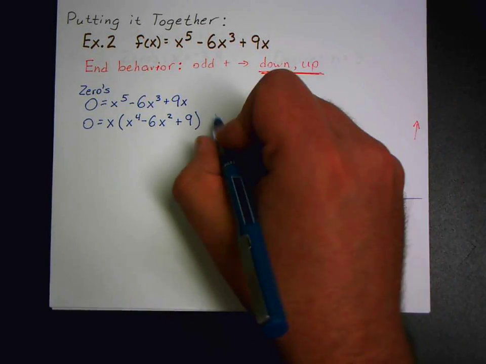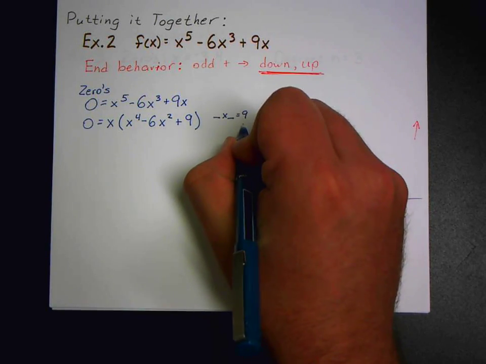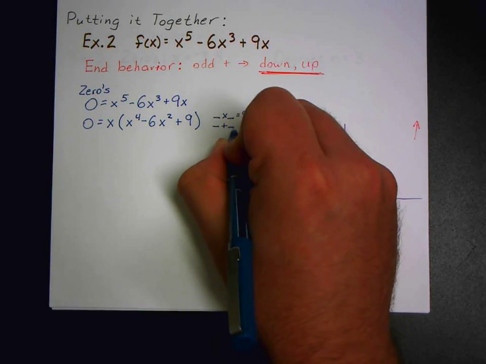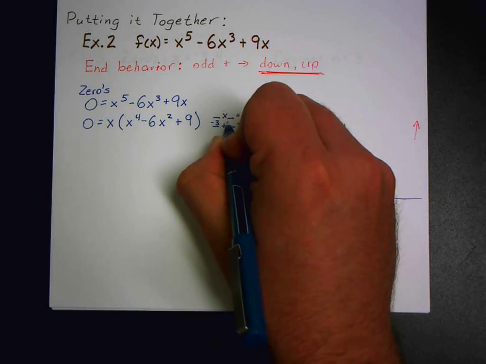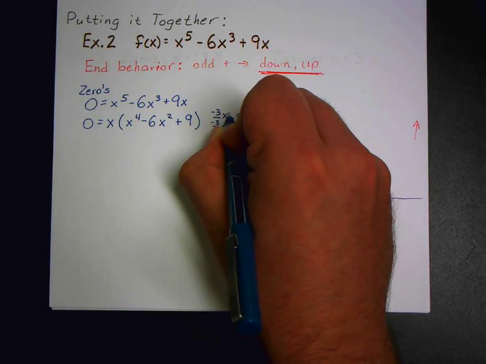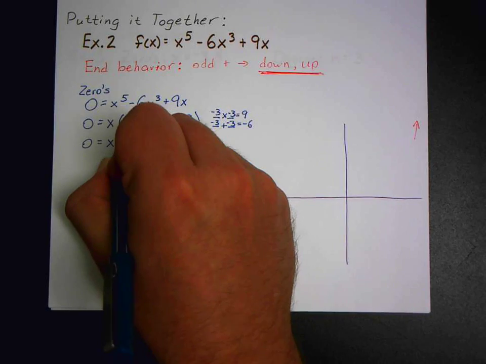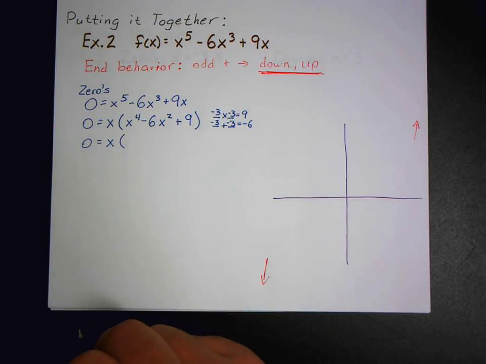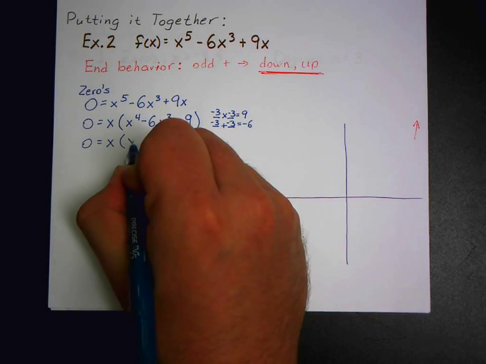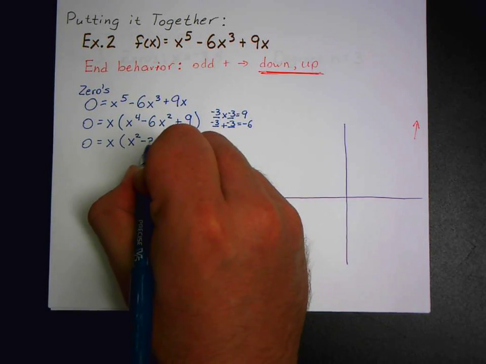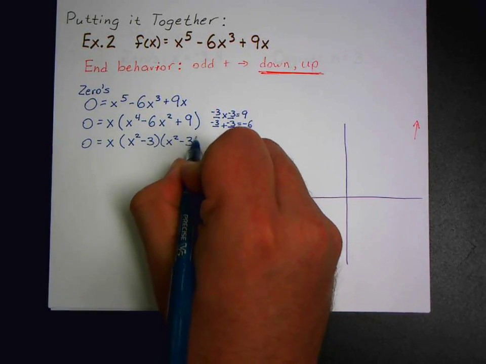So I'm looking for two numbers that multiply to 9 and add to -6. So -3 and -3. Now, the only difference between this and normal factoring is whatever your power was in the middle is what you have to use right here. So x squared minus 3, x squared minus 3.